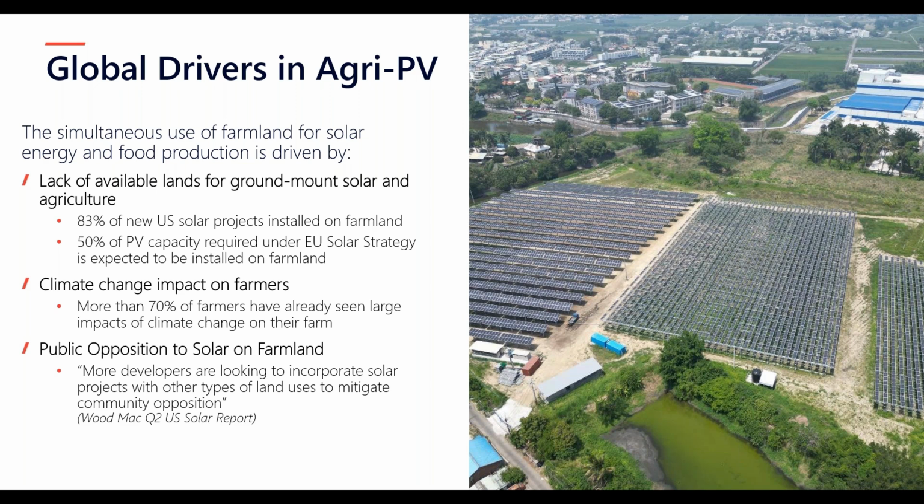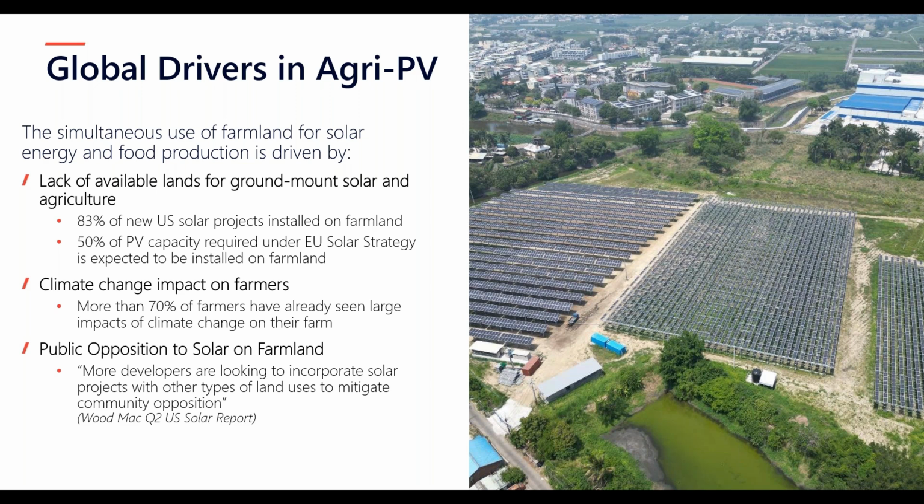So they are more willing to give up on farming, and they are more willing also to sell the land. Again, this is something that creates a lot of challenges, especially from the eyes of policymakers. And it also increases a lot this public opposition to solar, because with this idea, suddenly there is a lot of public opposition, there is a lot of community protest against solar installations on farmland when it's not dual use.